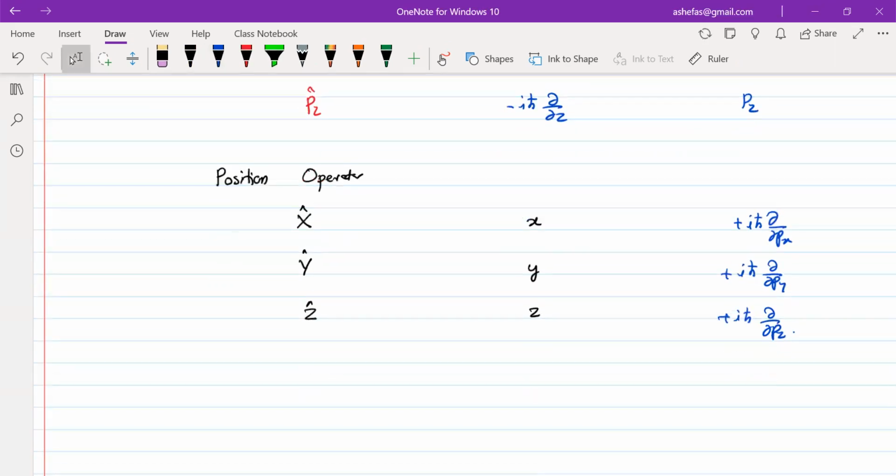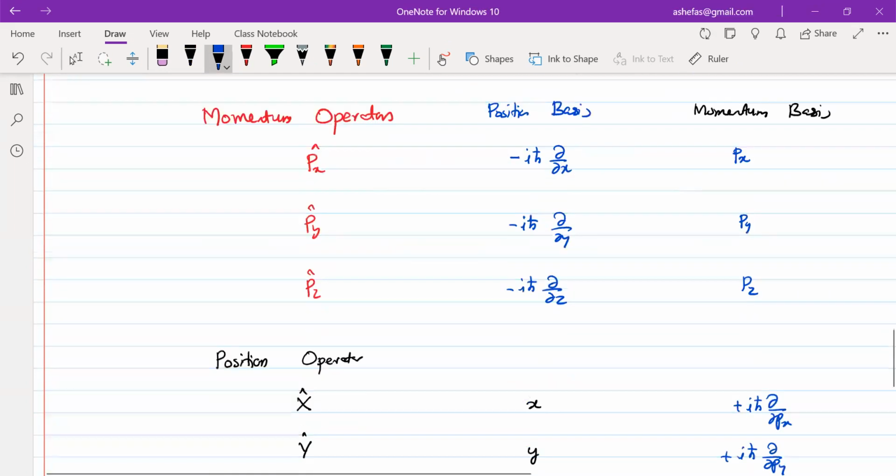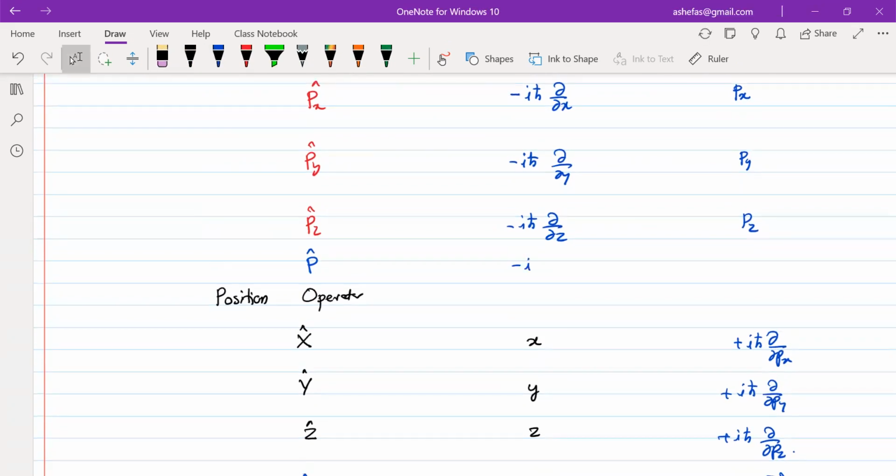So the position operator in general, in 3 dimensions, we can represent by the symbol R, and in the position basis it becomes the vector r. In the momentum basis, it takes the form iħ times the gradient ∇p. Similarly, the momentum operator in 3 dimensions we can write as P. In the position basis, it takes the form minus iħ ∇. And in the momentum basis, it is simply the momentum vector.